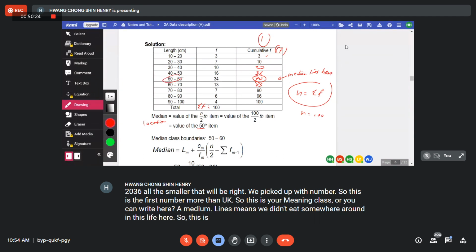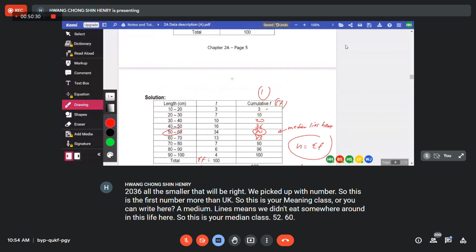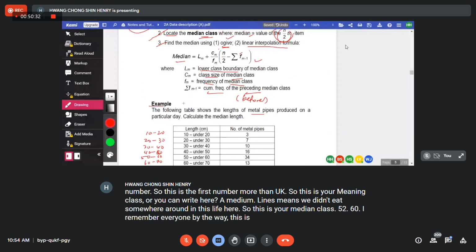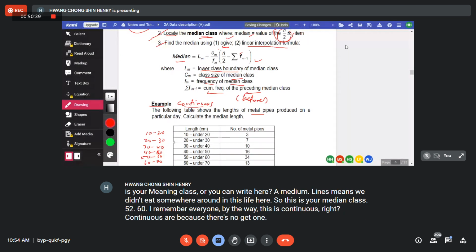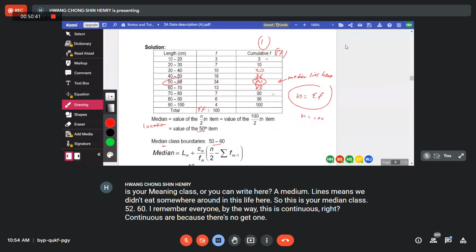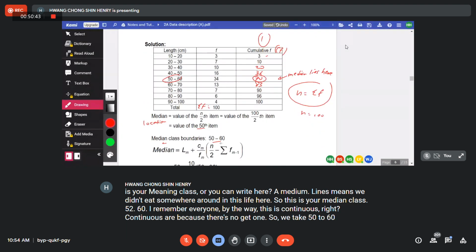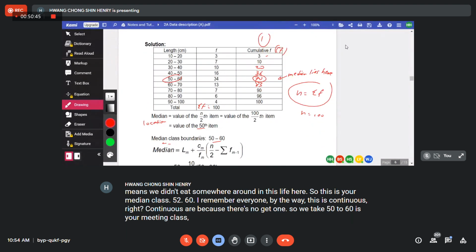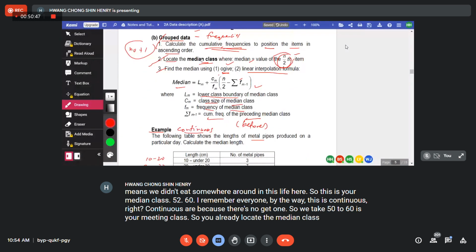So this is your median class, 50 to 60. Now remember everyone, by the way, this is continuous, right? Continuous, because there are no gaps. So we take 50 to 60 as your median class. So you have already located the median class, step 2.